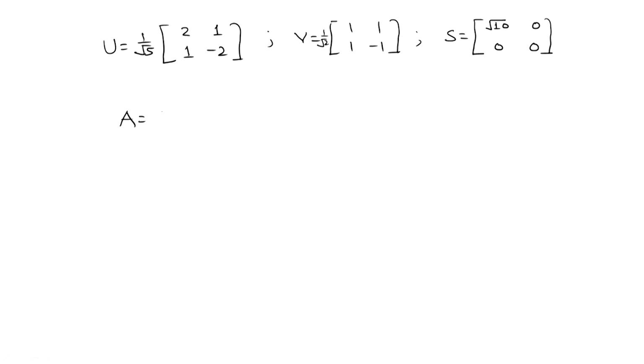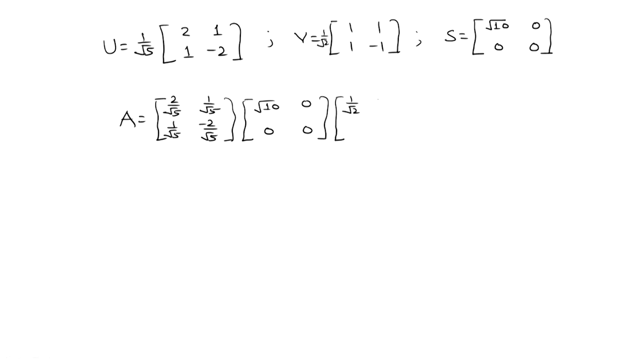So, A will have the singular value decomposition U, which is 2 upon root 5, 1 upon root 5, 1 upon root 5, minus 2 upon root 5, into S, which is root 10, 0, 0, 0, and then V transpose, which is 1 by root 2, 1 by root 2, 1 by root 2, minus 1 by root 2. So, this is the singular value decomposition of a square matrix.